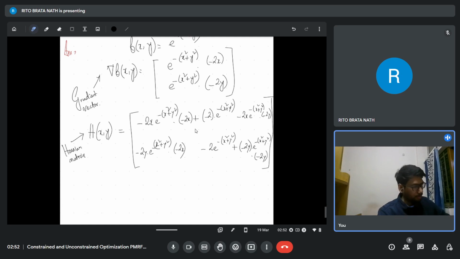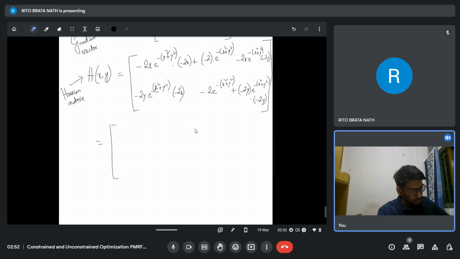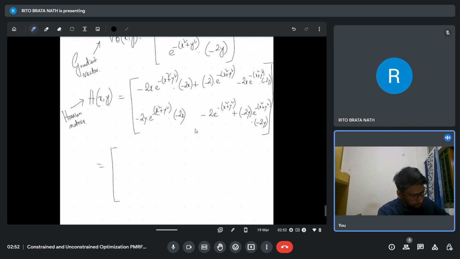That will be your full Hessian matrix, and if you simplify this, let me take common and then write.